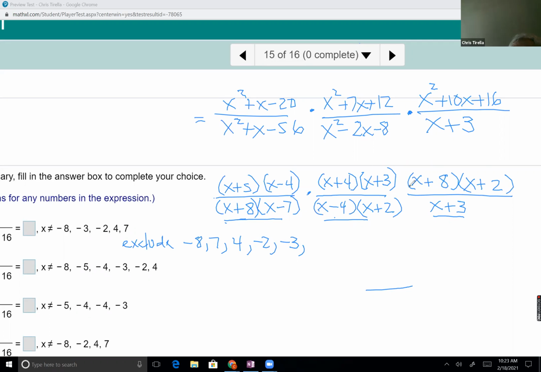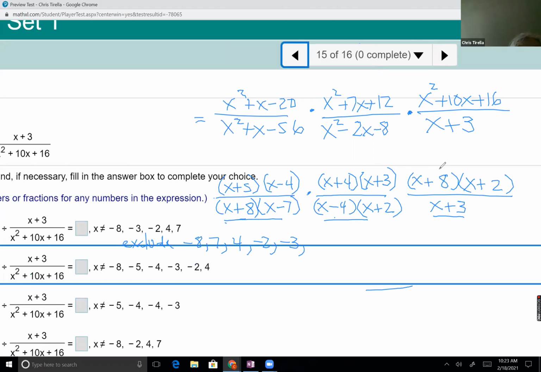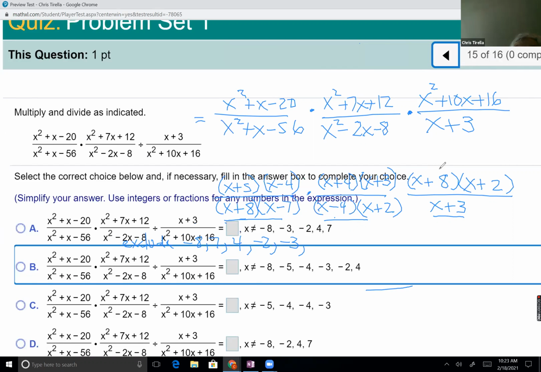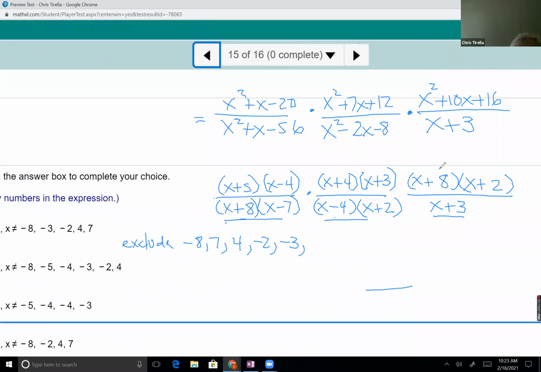And then I want to look at this again, because remember originally, that numerator was a denominator. So I've also got to consider those factors, the x plus 8 and the x plus 2. But I've already got those down here. So I'm going to have to exclude those values.